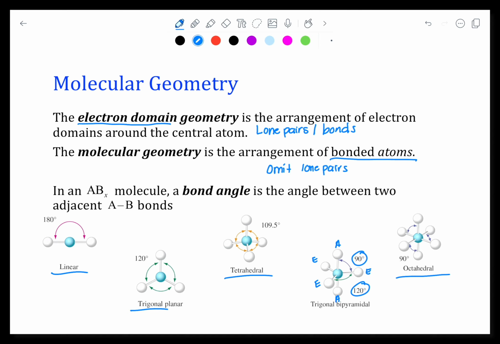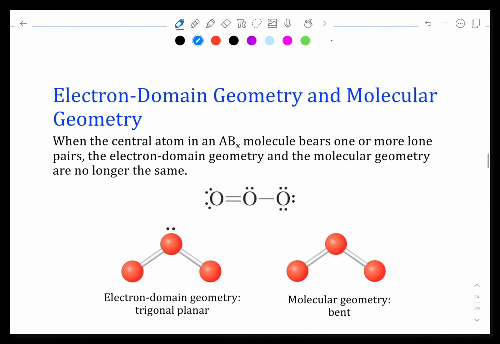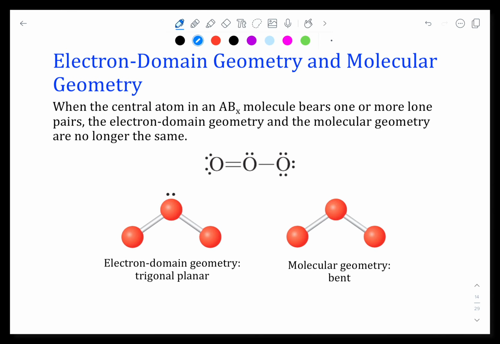Okay, so when the central atom in an ABX molecule has 1 or more lone pair, the electron domain geometry and the molecular geometry are not going to be the same, because the molecular geometry only cares about bonded atoms.